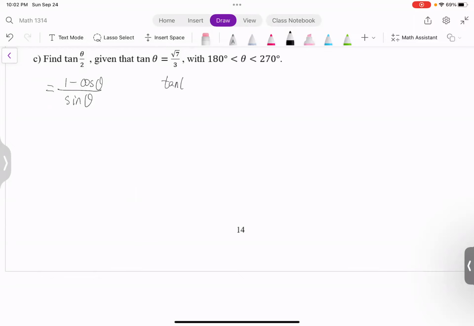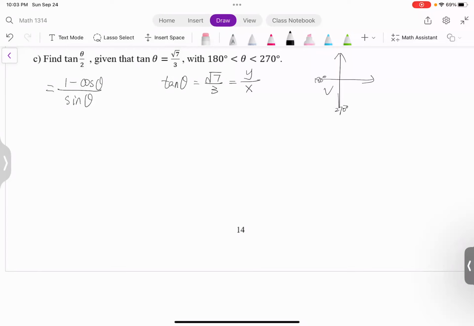Tangent theta equals y over x. I can assume y equals something, x equals something. And where is the theta, tell me? In which quadrant? Between 180 degrees and 270 degrees, it is here in the third quadrant. In the third quadrant, the x and y are both negative.